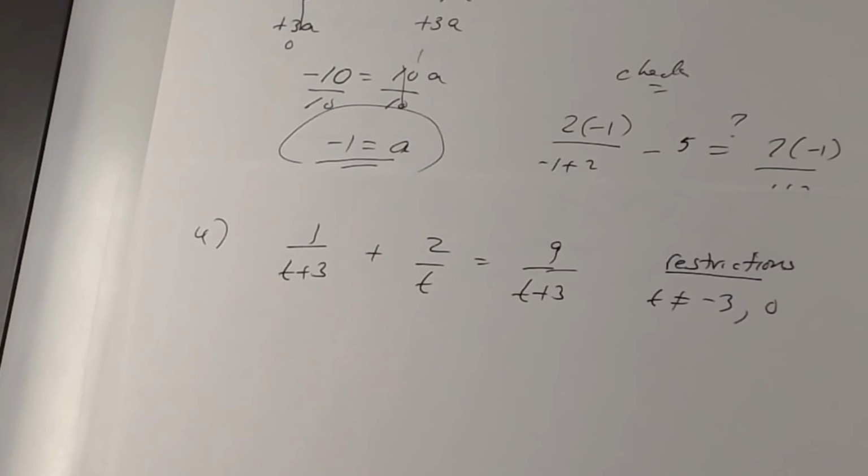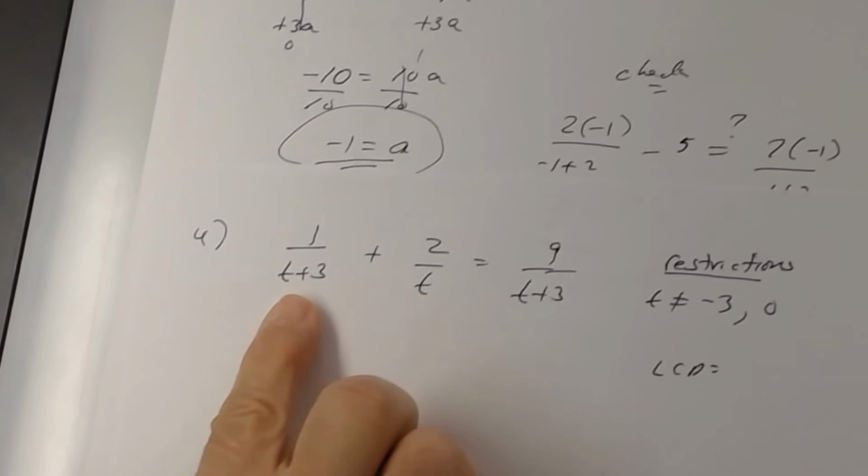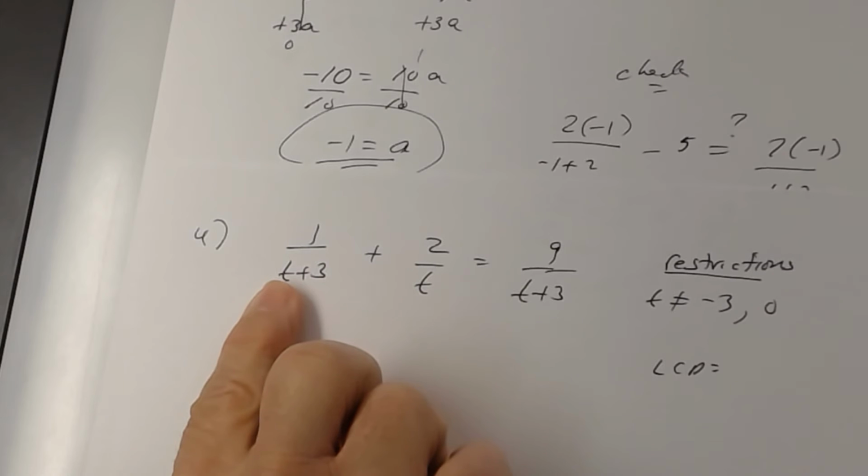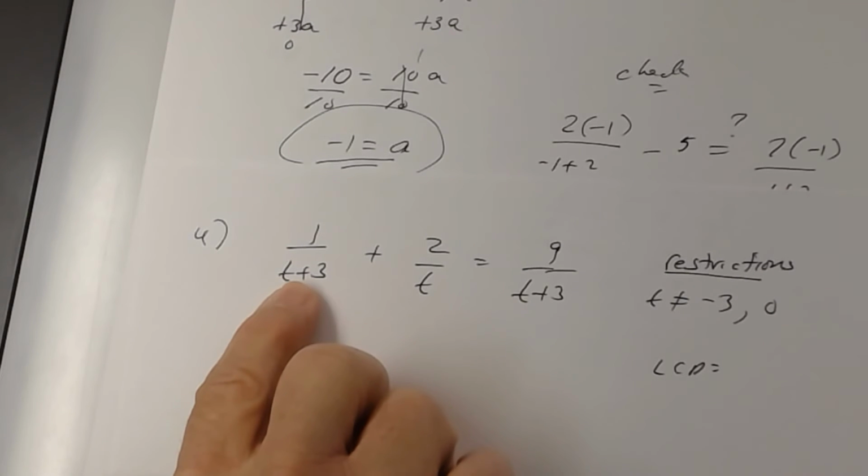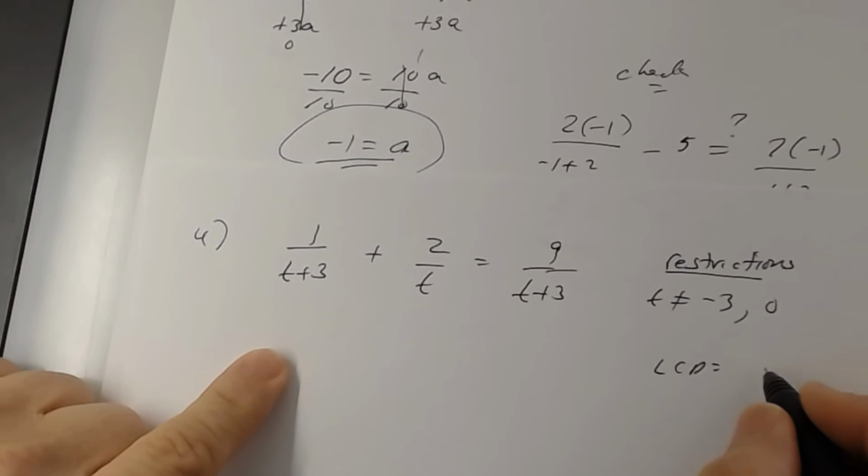Okay, now let's find the LCD. So you found your restrictions, then you find your LCD. Remember, the whole purpose of multiplying by the LCD is to make this denominator what number? 1. So if this is a t plus 3, then my LCD has to contain a what? T plus 3.